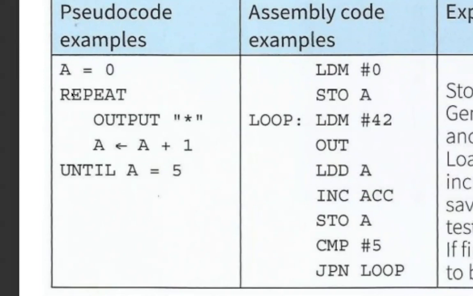I'll start my loop over here, run these two lines, and this condition will be tested. If this condition is not true, which means that a is not equal to 5, then I'll jump back to the start. If a is equal to 5, then I will not jump. I'll move on to the next line.